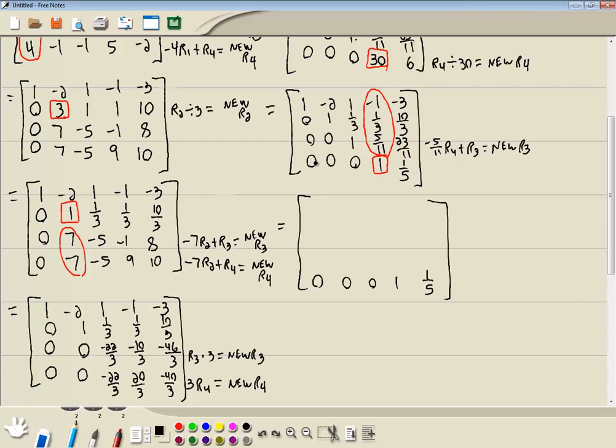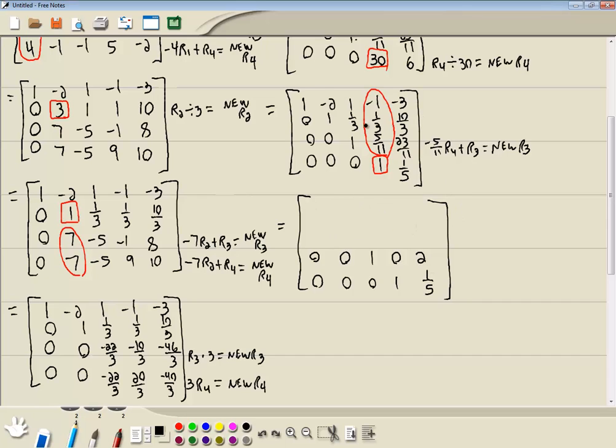Okay, -5/11ths times 0, 0 plus 0, 0. -5/11ths times 0, 0 plus 0, 0. -5/11ths times 0, 0 plus 1 is 1. -5/11ths times 1 is -5/11ths plus 5/11ths is 0. -5/11ths times 1/5 plus 23/11ths gives us 2. Well, that came out nice.